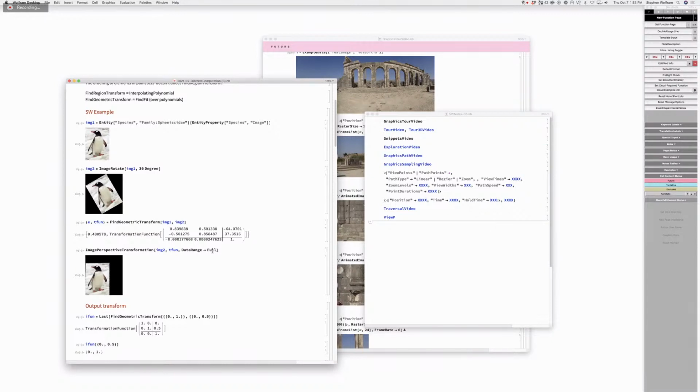Well, maybe a future thing would be that find geometric transform could work on regions if it doesn't already. But actually, they did try for polygon, but then you start to see that there are issues in the design because you don't really get exactly what you want. Because for polygon, find geometric transform, for example, cares about the ordering of points, right?